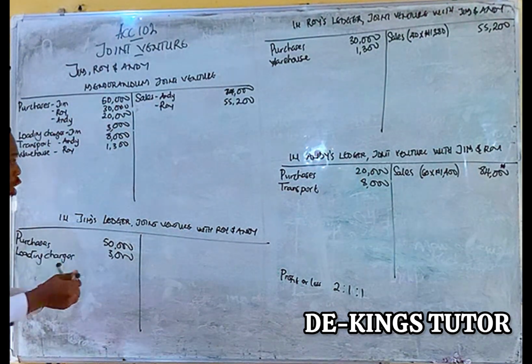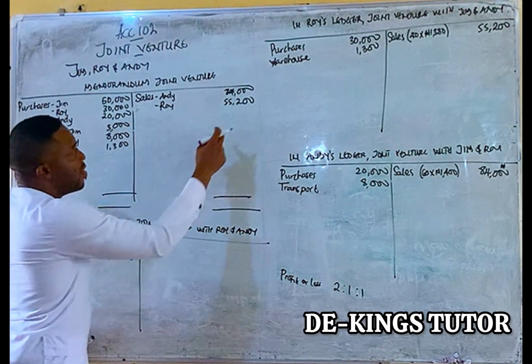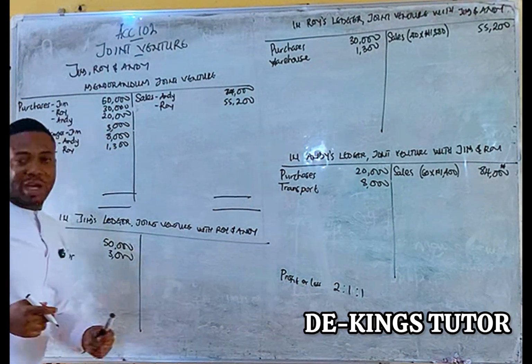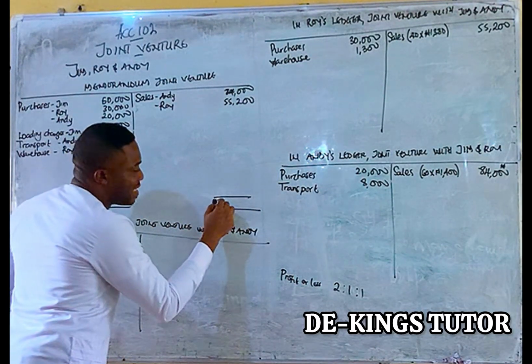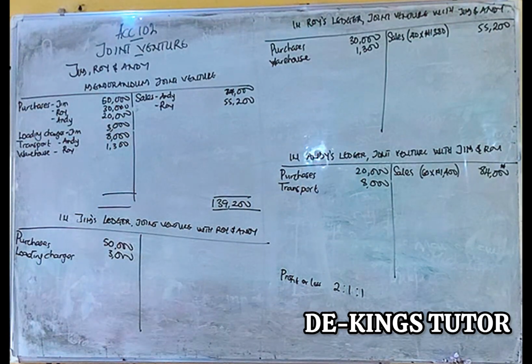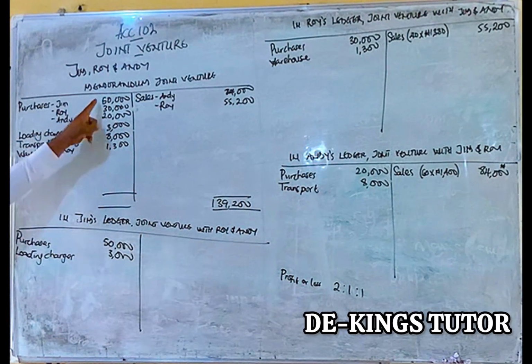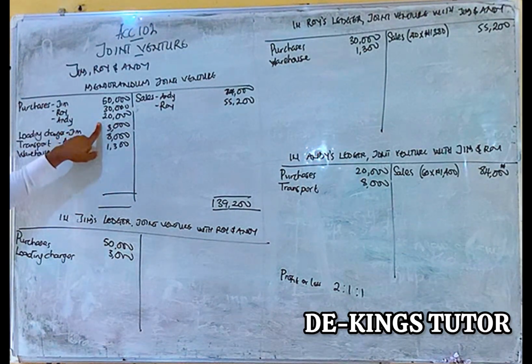So if we do that, we now have 84,000 plus 55,200. What do we have? 139,200. So we are going to add these expenses.